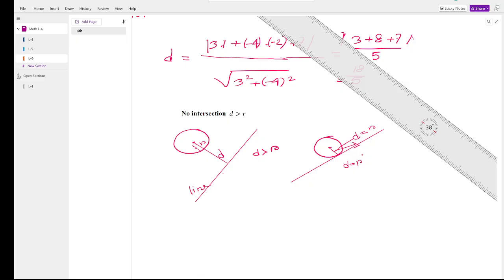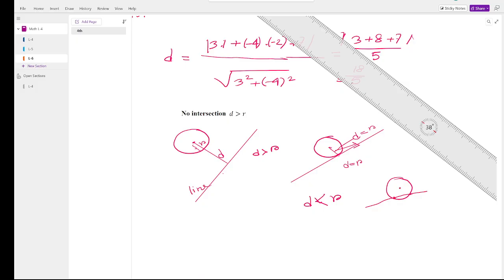So the line and circle touch here. If d is smaller than r, it means the line intersects the circle twice here.